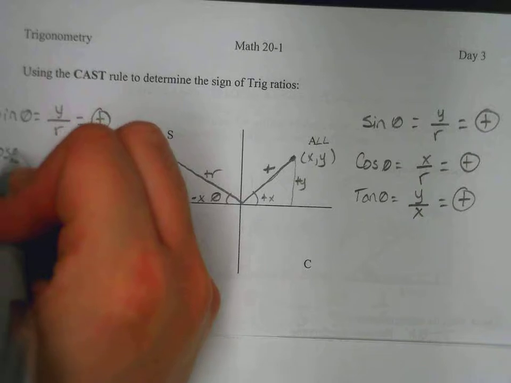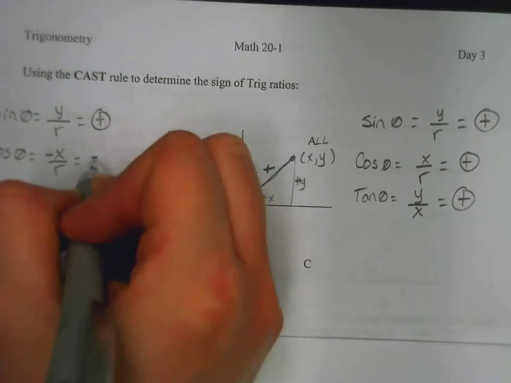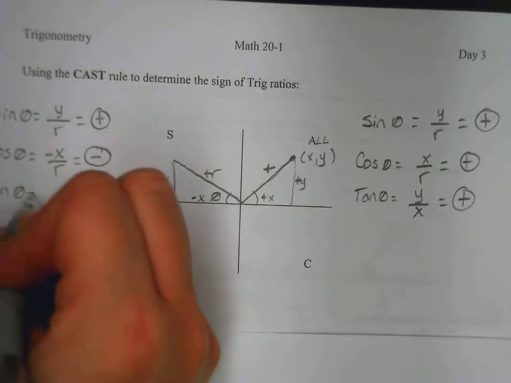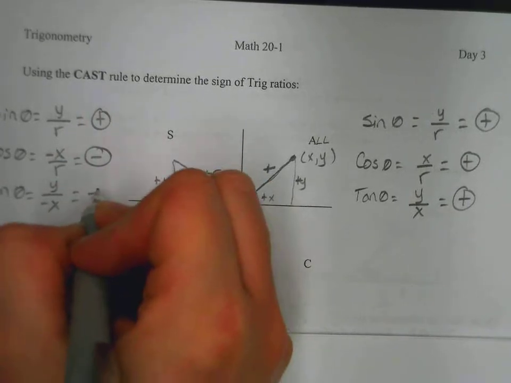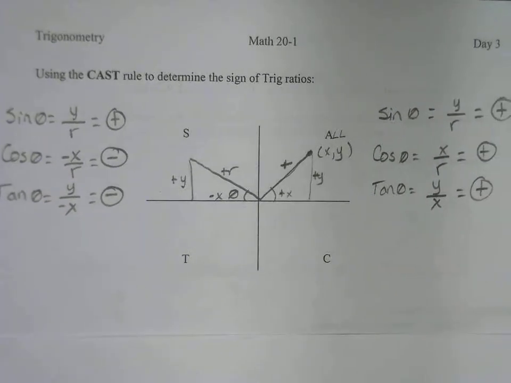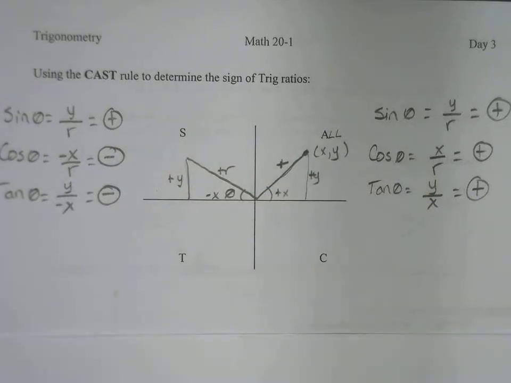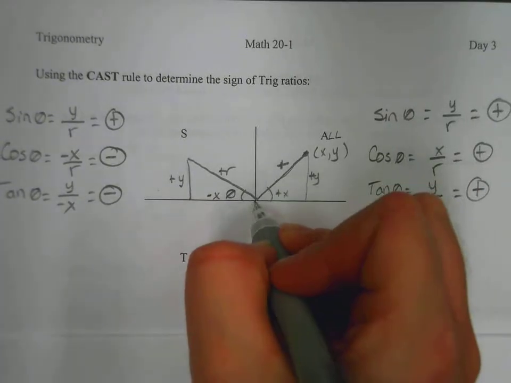My cosine ratio ends up being a negative X over a positive R, which is a negative ratio. And my tangent ratio ends up being a positive Y over a negative X, which is a negative ratio. So the only trig ratio in this quadrant that is positive is our sine ratio. So that's where S comes from. It tells you which ratio is positive. Everything else is negative.